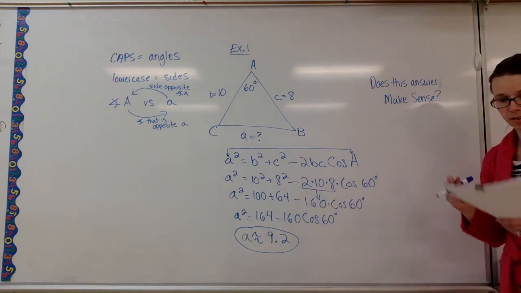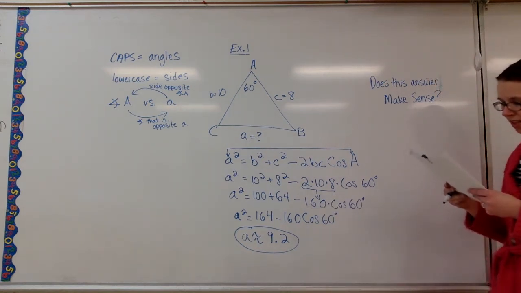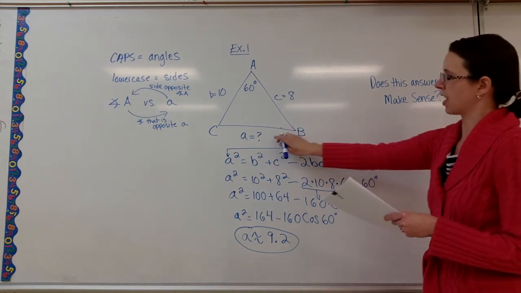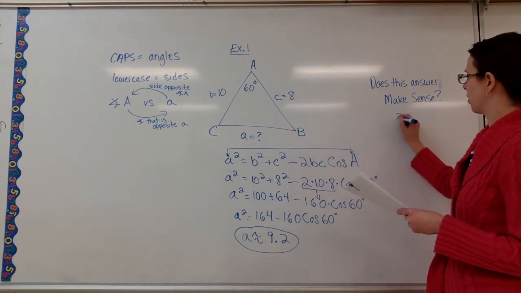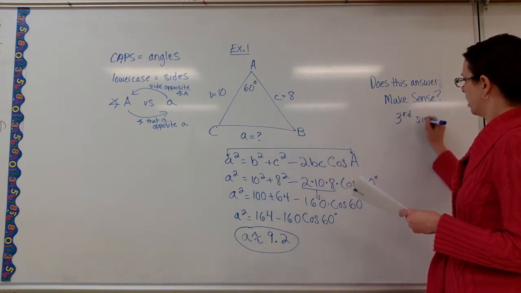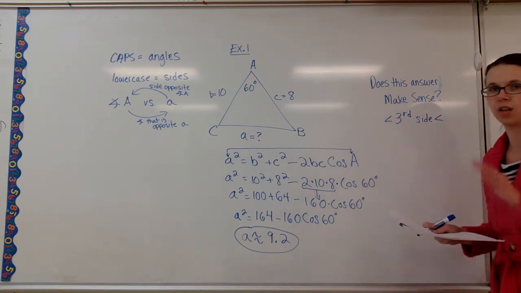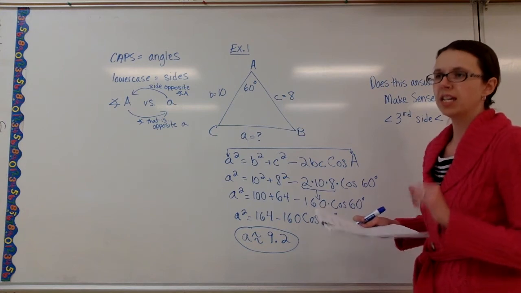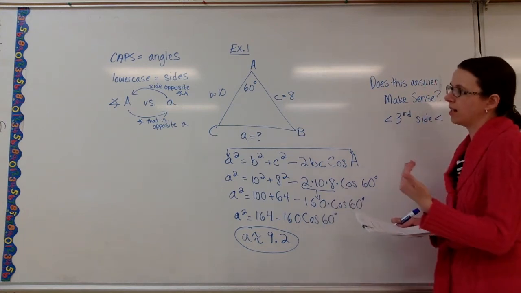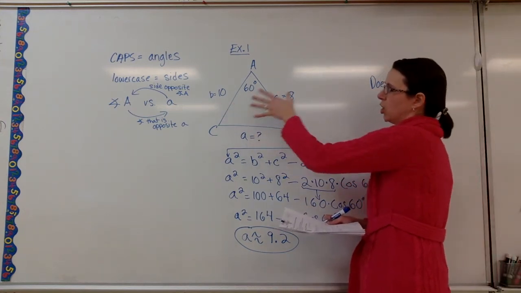And I think it will, so let's look at it. If this answer makes sense, then that means that the side that I just found is my third side. And if you recall what we talked about in our unit on triangles a little while ago, that third side always has to be between two numbers.